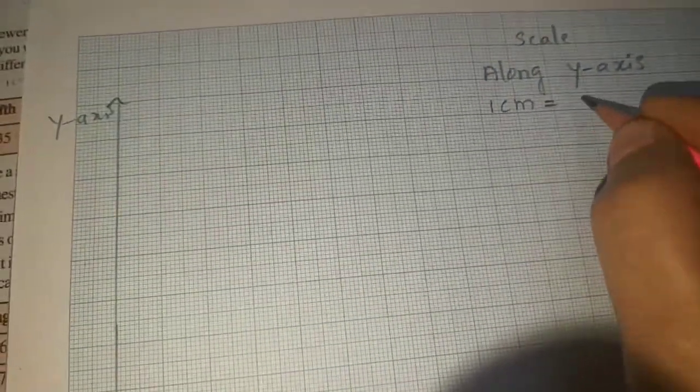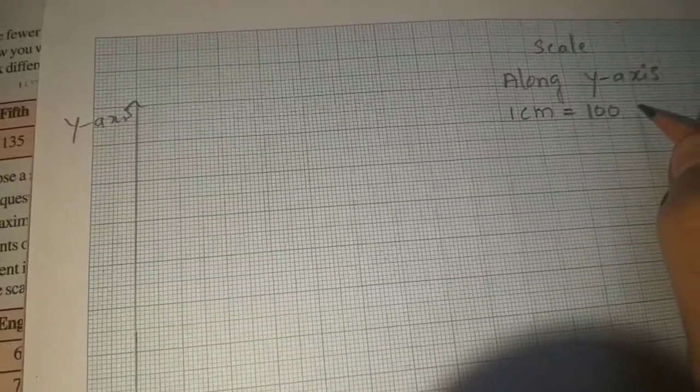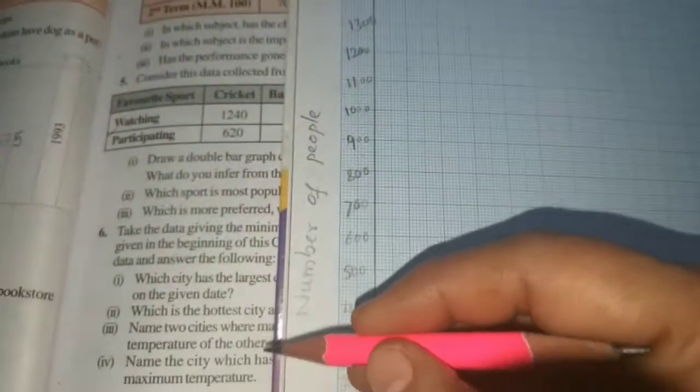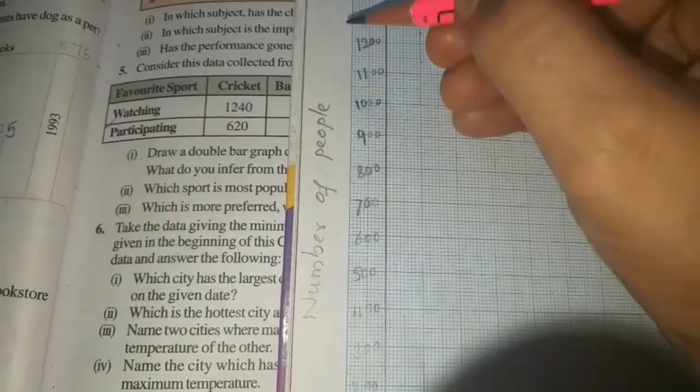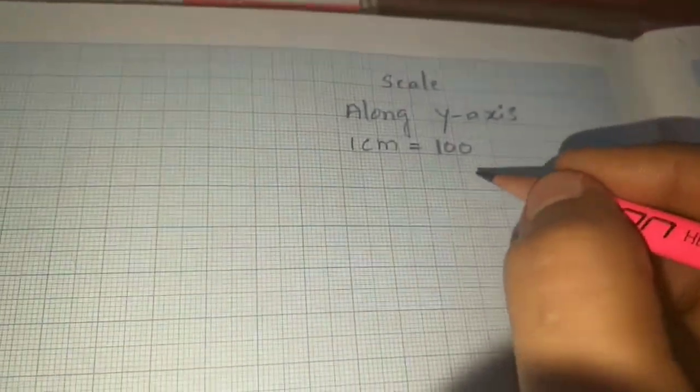Now let's write the scale. The scale we have taken along the y-axis: 1 centimeter equals 100. Along the y-axis we are taking number of people, and along the x-axis we are taking favorite sport. So 100 people we have to write.